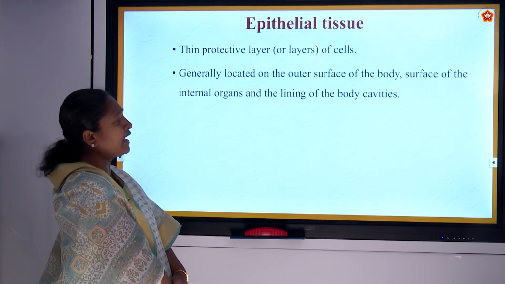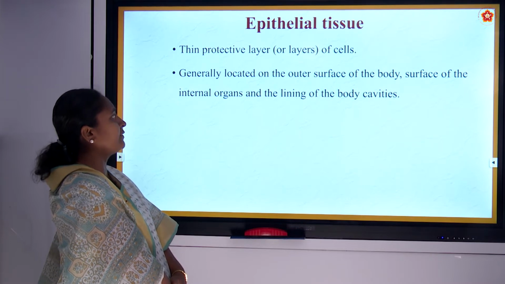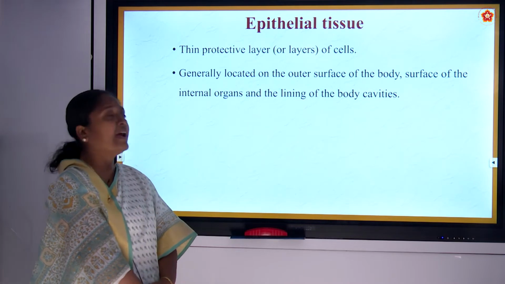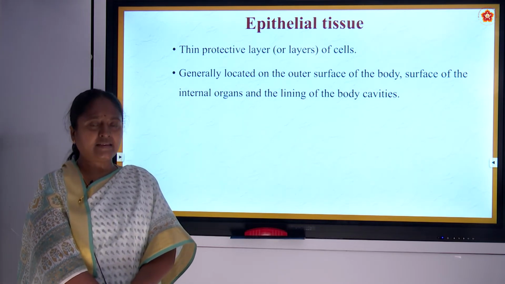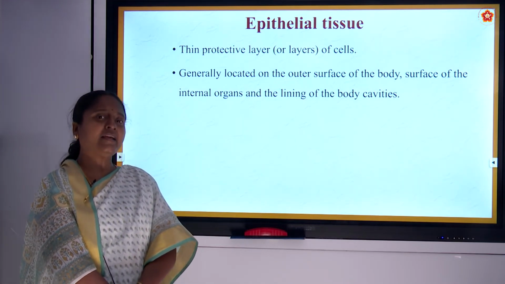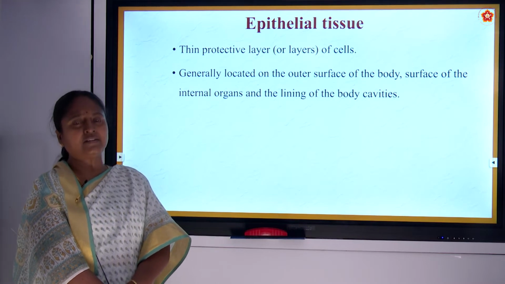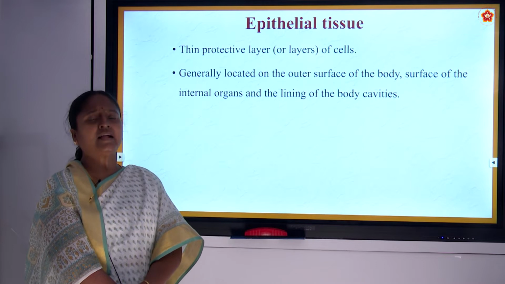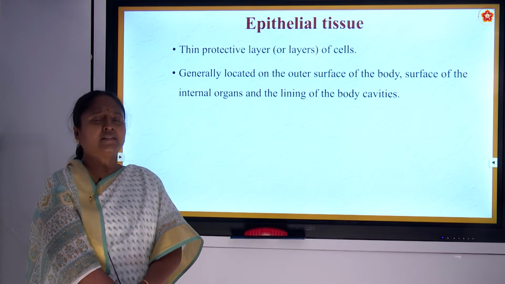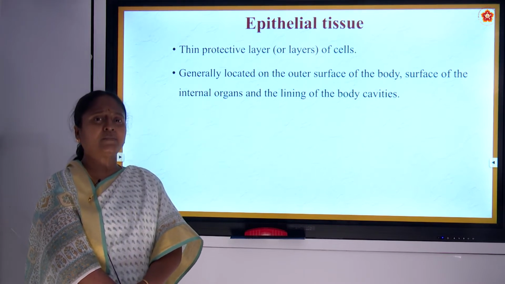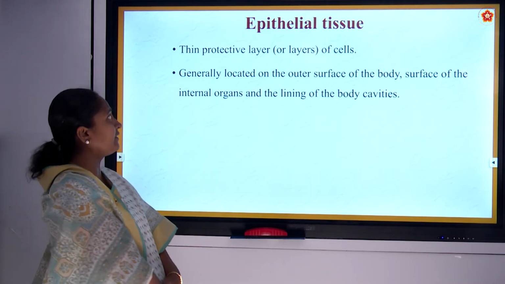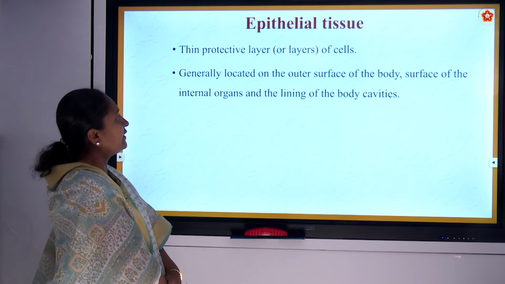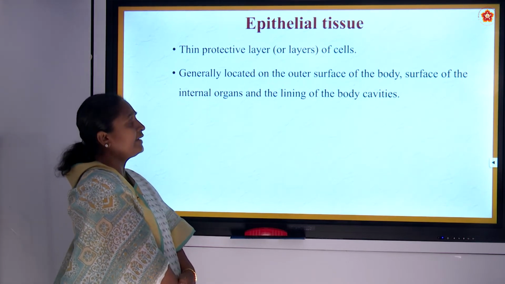Apart from the outermost surface, it is also present in the internal organ lining. If you take a kidney, heart or any other organ of your interest, you can see it has a proper structure, right? You can see that the kidney is bean shaped. The entire kidney is surrounded by what? This protective tissue, that is nothing but the epithelial tissue.